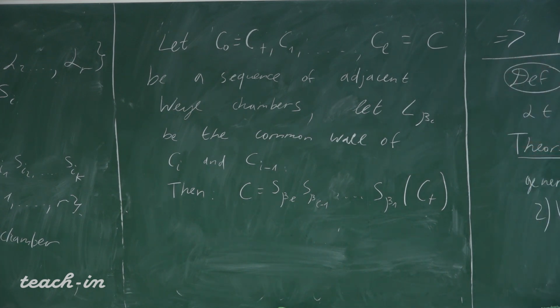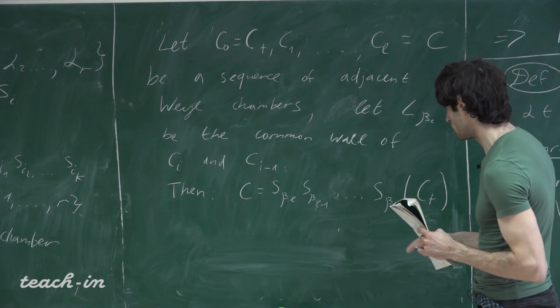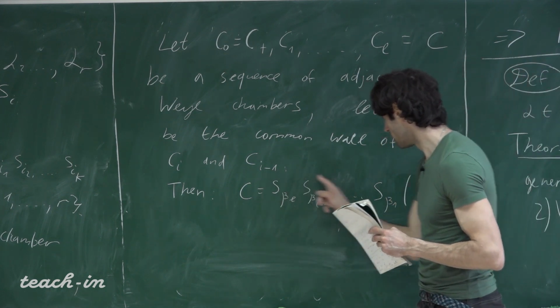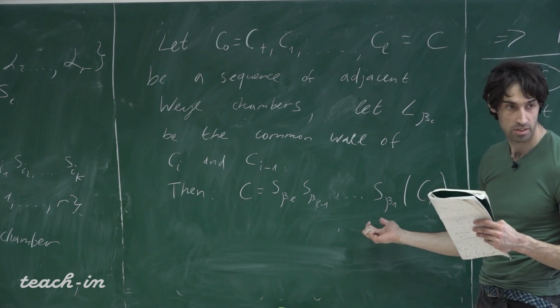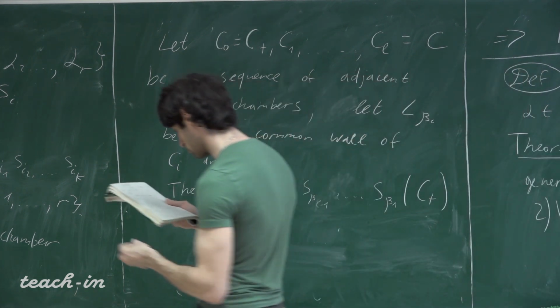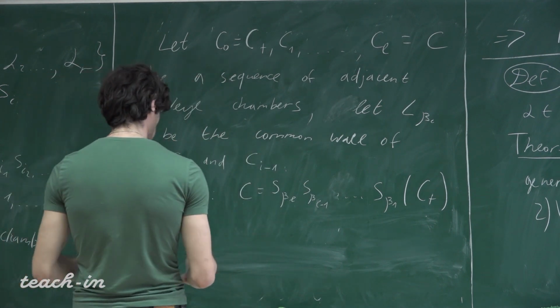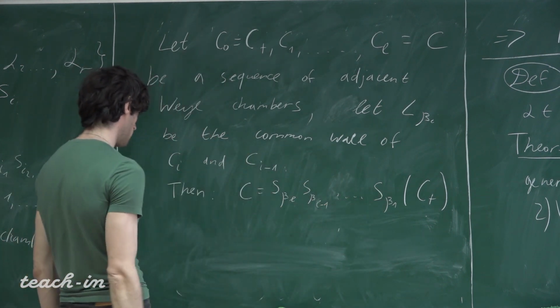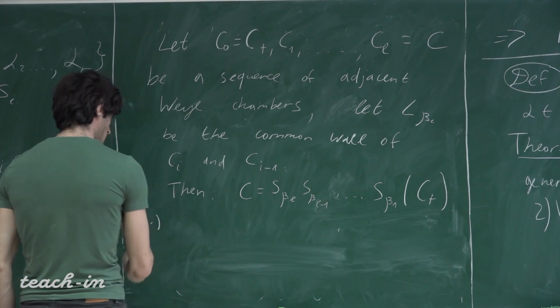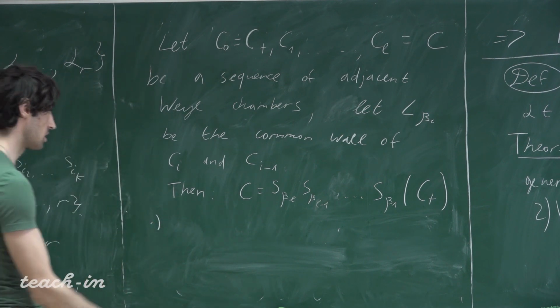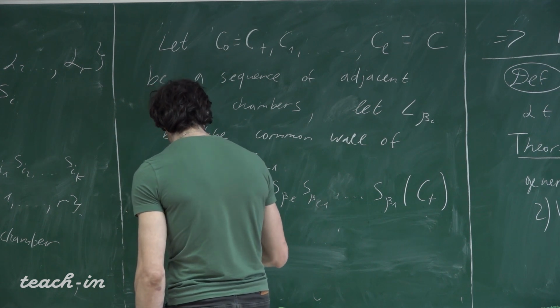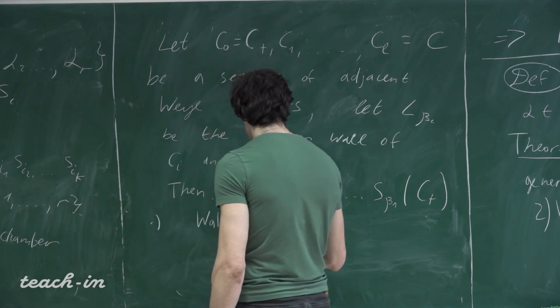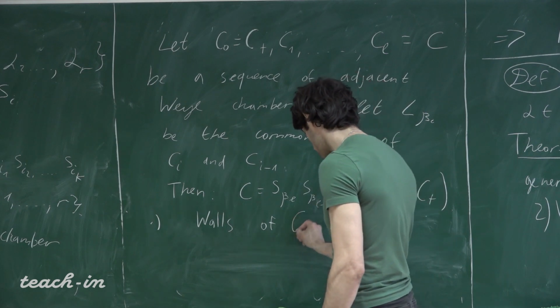So I would like now to prove that this is actually a product of simple reflections. How to do this? I just go step by step. So the first step is to look at this reflection. What are the walls of the positive Weyl chamber?